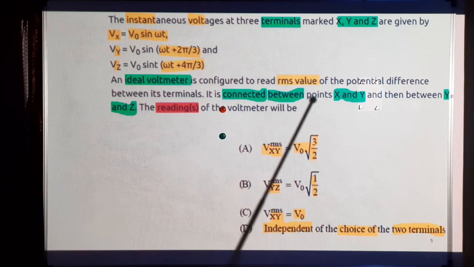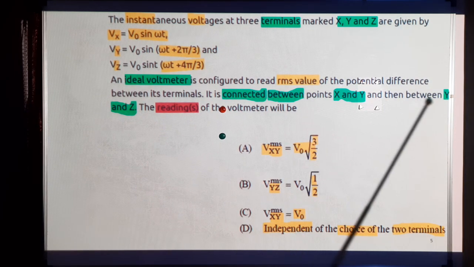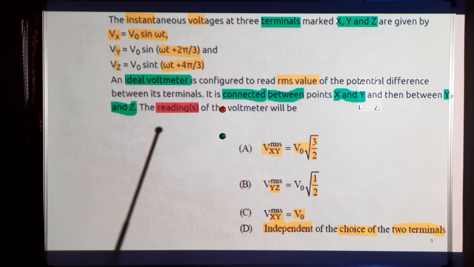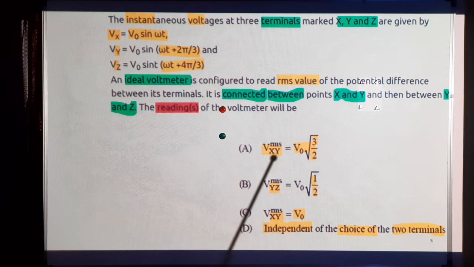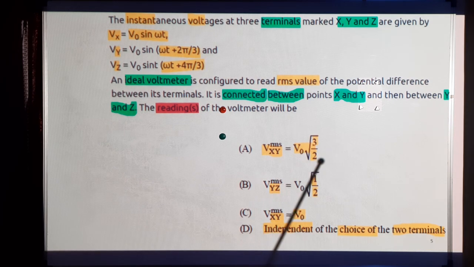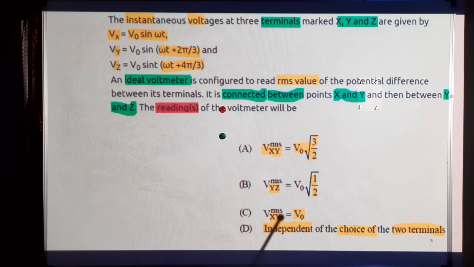It is connected between points X and Y, and then between Y and Z. The readings of the voltmeter will be: option A, Vxy RMS is V naught into root 3 by 2, Vyz RMS is V naught into square root of 1 by 2; option C, Vxy RMS is V naught; option D, independent of choice of the two terminals. You can pause and try this question.